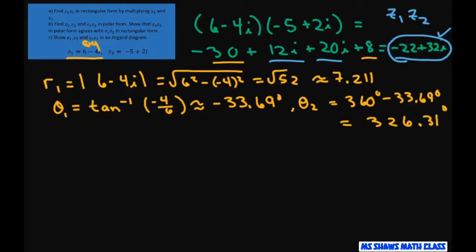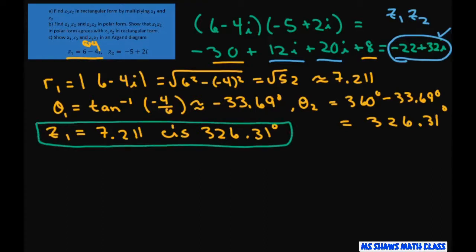So Z1 equals 7.211 cis of 326.31 degrees. Let's circle that.